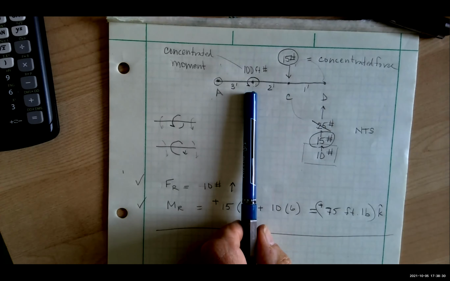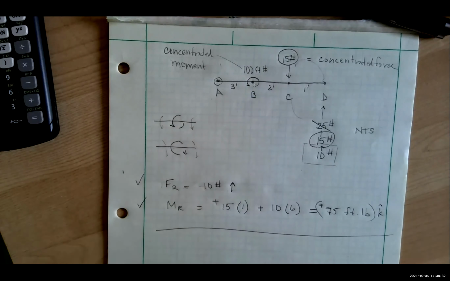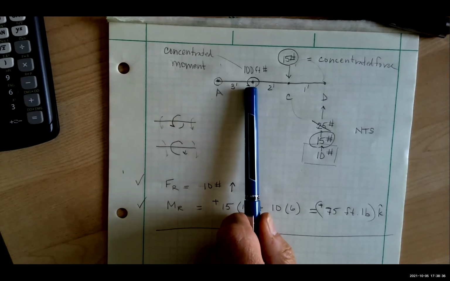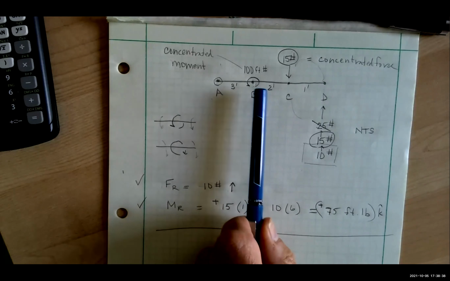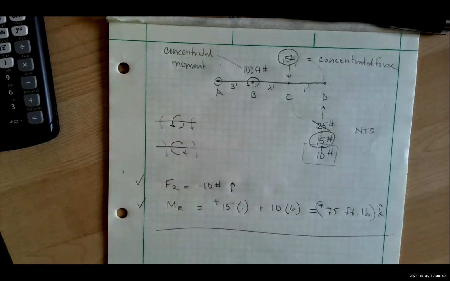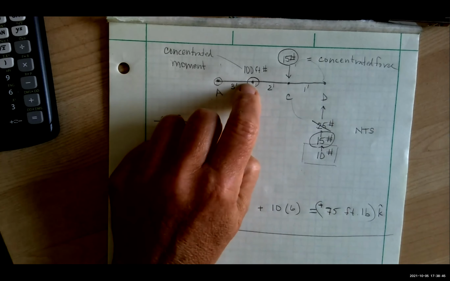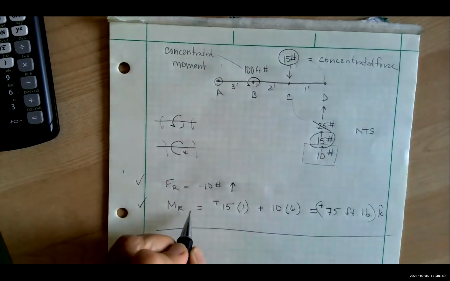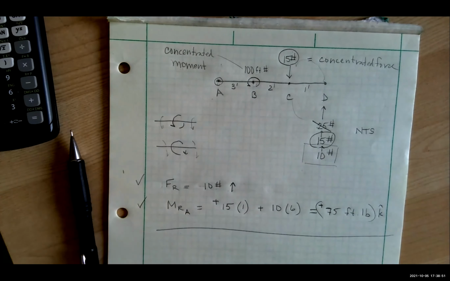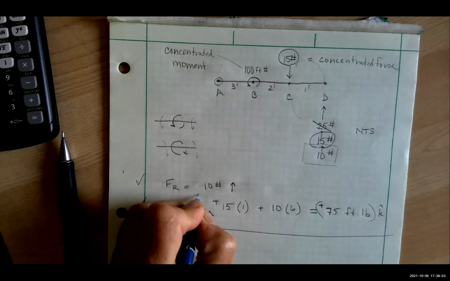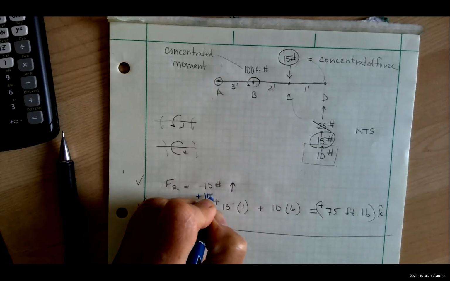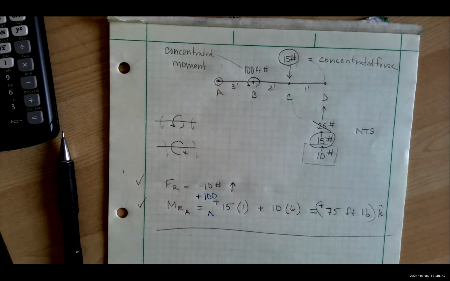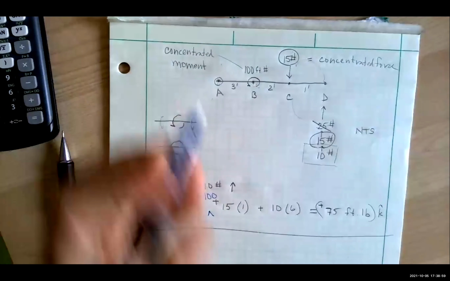There is a concentrated moment that I totally overlooked. I have to remember that the concentrated moment has to be put in. No matter where I'm finding my moment about, I have to add in that concentrated moment. So where did we say we were finding the moment about? Point A. I have to remember to put in the concentrated moment, and it's in the positive Z direction.